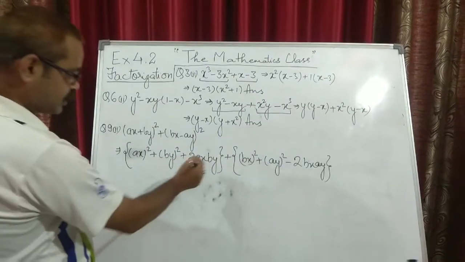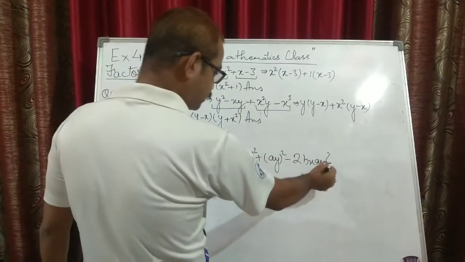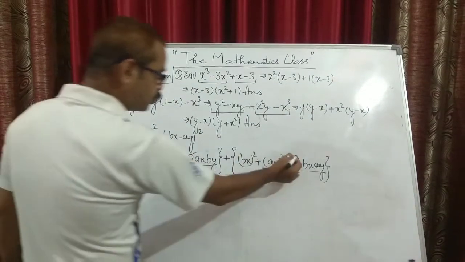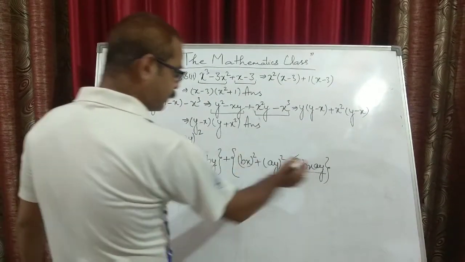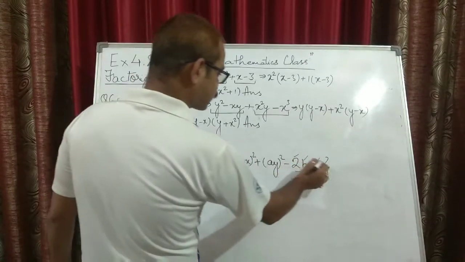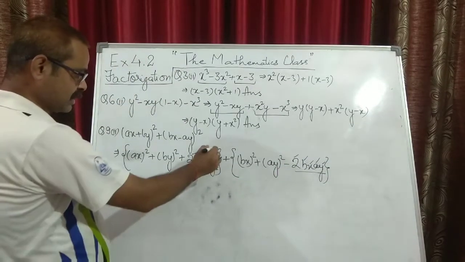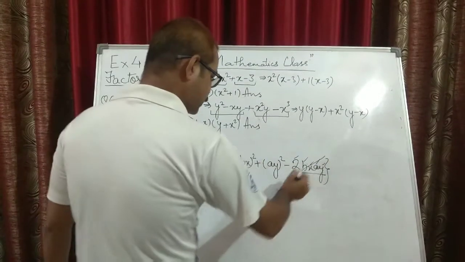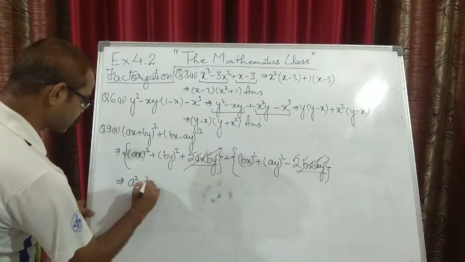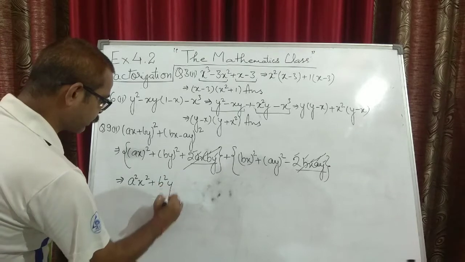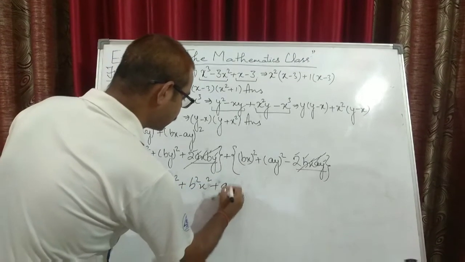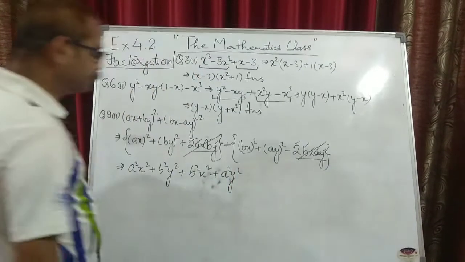When you open these brackets, plus 2abxy and minus 2abxy, so plus and minus will cancel. Finally you will be left with a square x square plus b square y square plus b square x square plus a square y square.